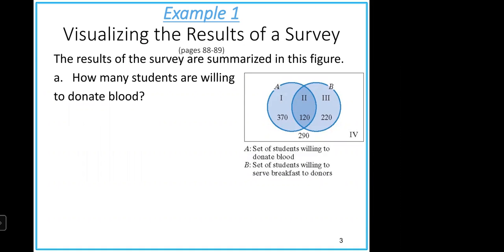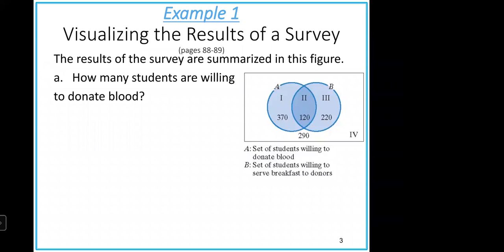All right. So we have a diagram here on the screen that is showing you the results of a survey. So they question some persons, and basically that's what a survey is. We question persons and we get their responses. And so the diagram is showing you the results of the survey.